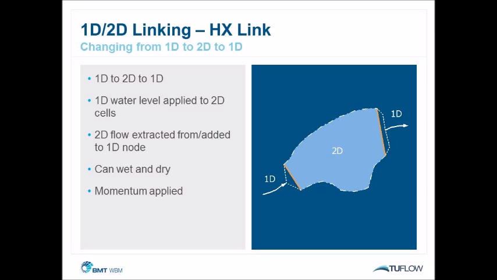Then the amount of flow that gets generated across those HX links is calculated. So if that 1D water level rises, that will push water into the 2D domain. If the 1D water level drops, the flow will start to exit the 2D domain. That flow, either entering or leaving the 2D domain, is passed through to the extractor from the 1D node.